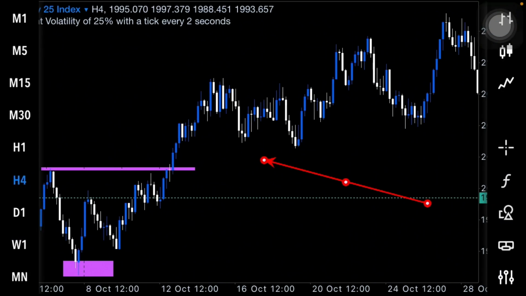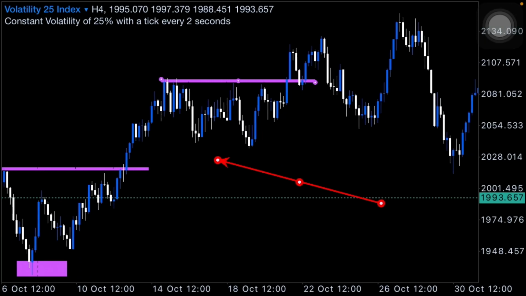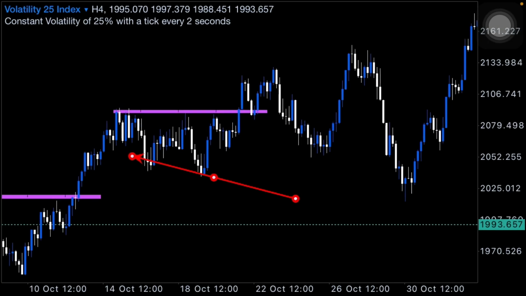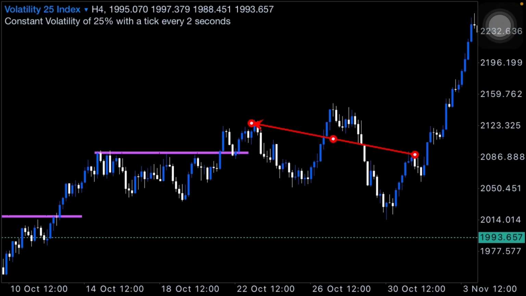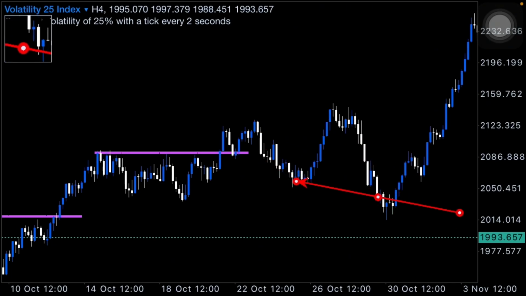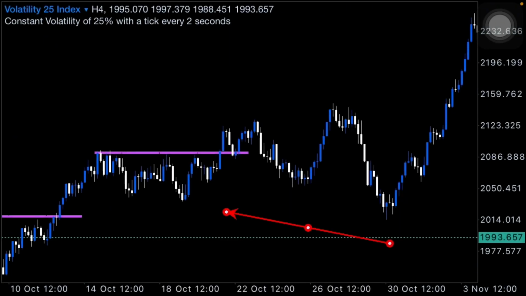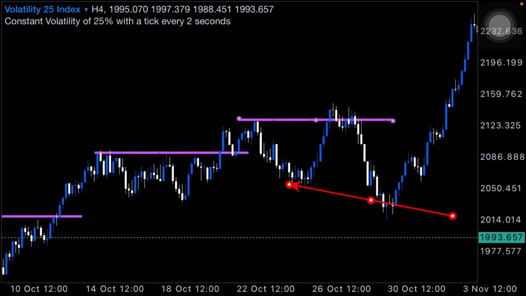Okay, the market then pulls back to this level, then it continues to break this previous high, then forms a high right here, then pulls back again, creating another low, because this low here is lower than this low.